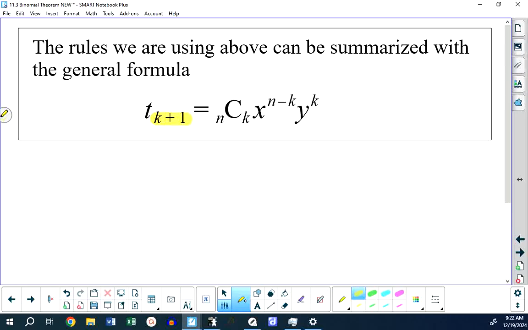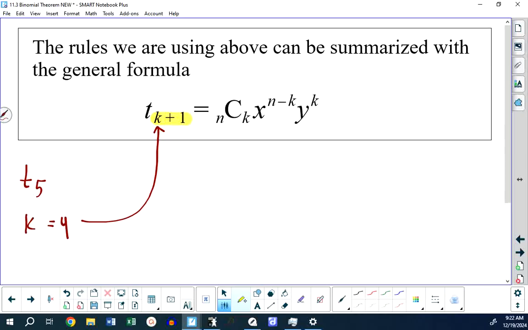But we just found the fifth term, didn't we? Can you tell me what k is for the fifth term? Forget about this formula. What is k for the fifth term? It's 4, right? Well, if you put this 4 here, you get T5. That's all it's saying. It's saying that k is a number less, by 1, than the term number you're talking about.